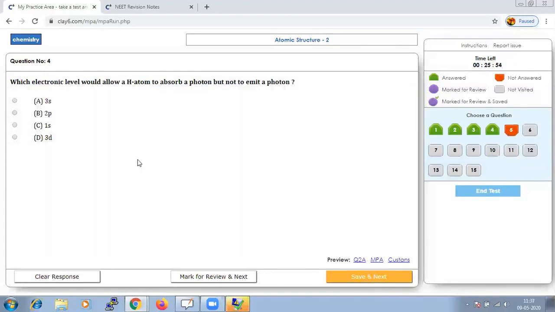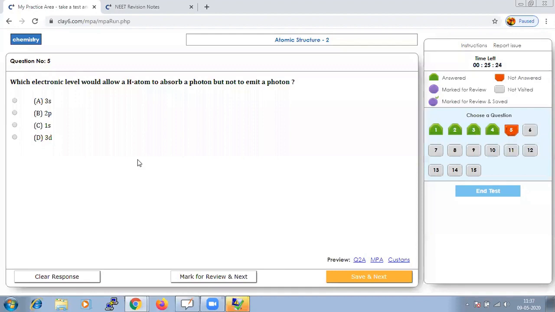And the next question says, which electronic level will allow an H atom to absorb a photon, but not emit a photon? The question itself gives an answer. It is a self-explanatory question.